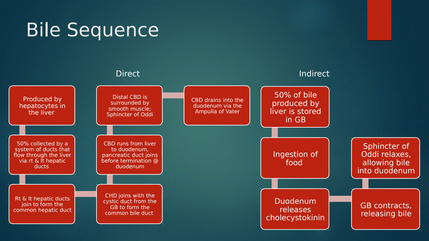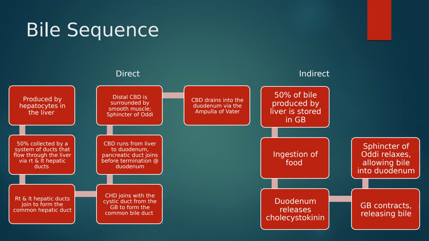The common bile duct is going to exit from the liver and reach the duodenum. It's going to enter into the duodenum, but before that, the pancreatic duct joins into it. And then from there, the two enter the duodenum by what's called the ampulla of Vater. So that's something that is always happening in the background.